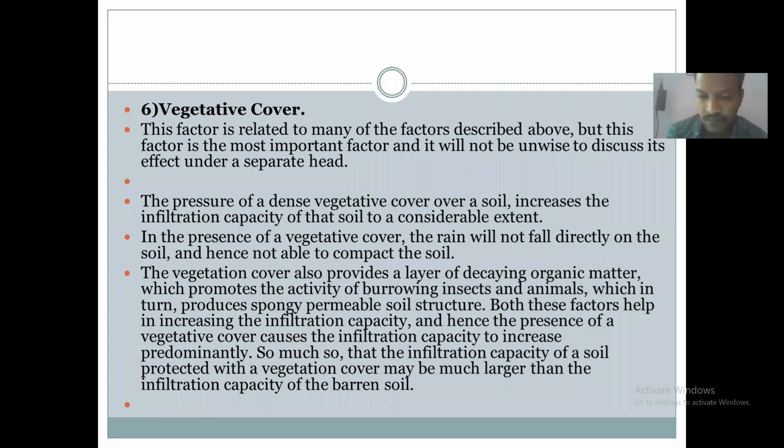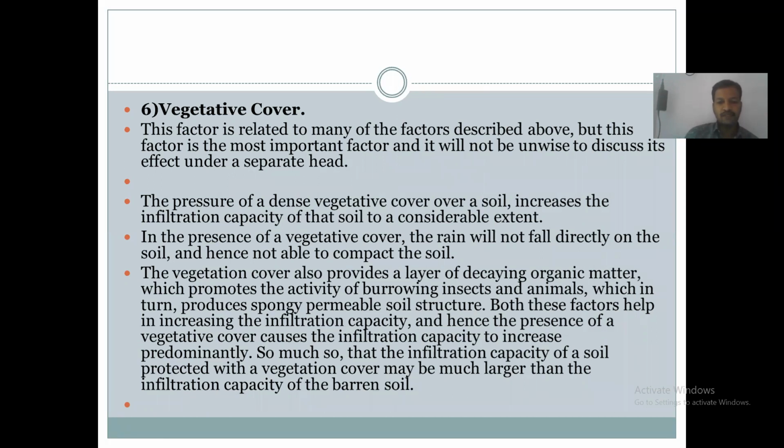Due to vegetation cover, during rainfall the rainwater will not fall directly onto the ground surface, the soil layer. It will fall on the trees, grass or plants.